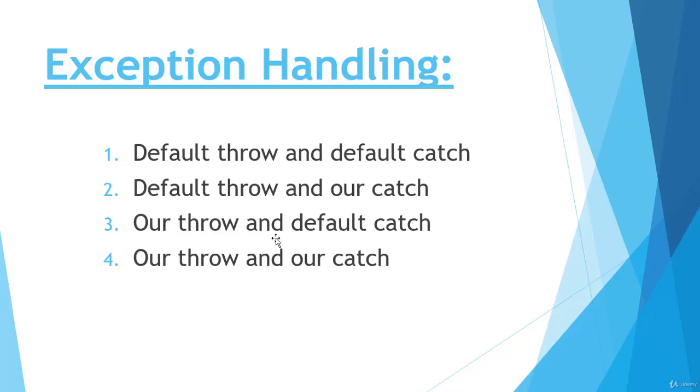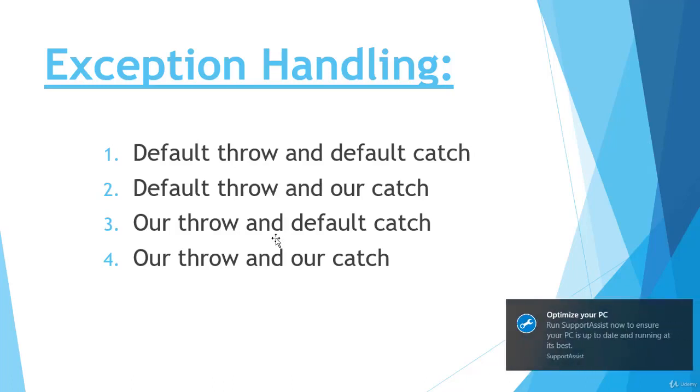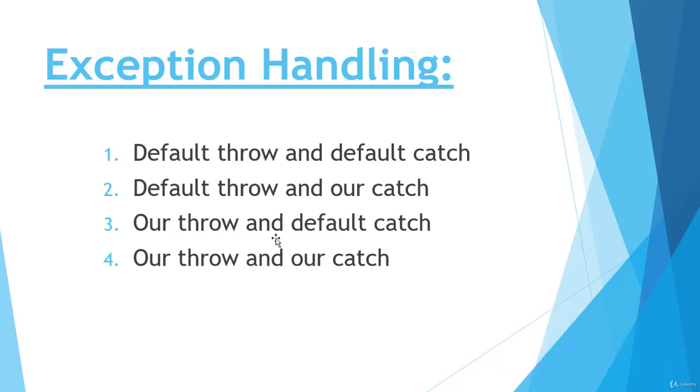For example, there is a case that is not an exception in Java, but in the real world that is an exception. If the user withdraws money from the ATM, his balance is 5,000, but he requests 8,000 from his account, then this is an exception. He cannot withdraw money larger than his balance.